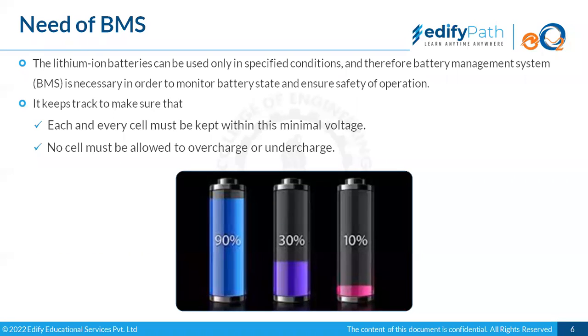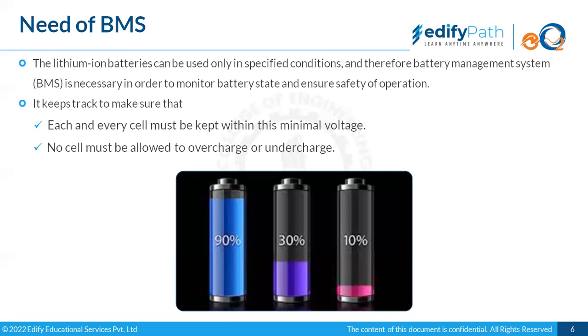If equal charging and equal discharging is happening in each and every cell, then we would call it an ideal battery pack. That assurance is given by the battery management system. As we discussed earlier, the controller is the brain of the vehicle, and the BMS is the brain of the battery.